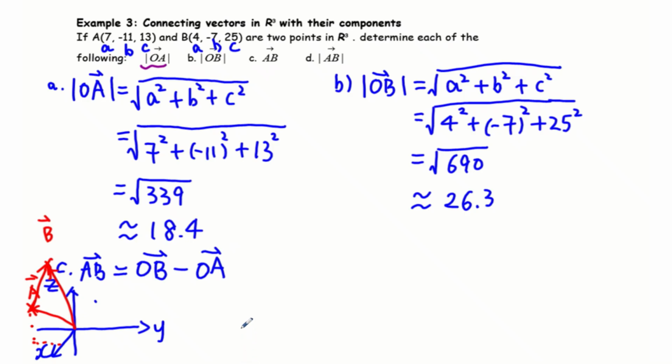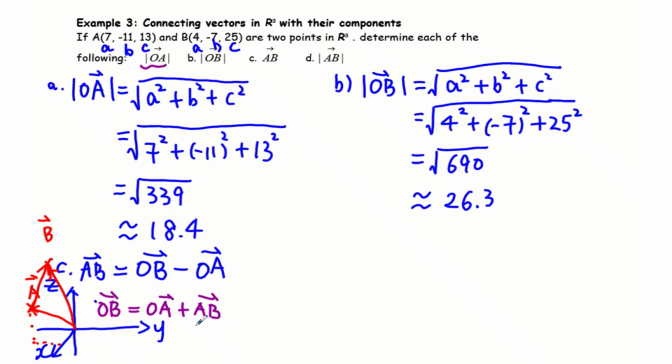And how we can get that: we could redraw it. So this is tail to head. And you could see from here, OB is tail to head for OA and AB. So from this graph, you will see OB equals, tail to head, OA plus AB.